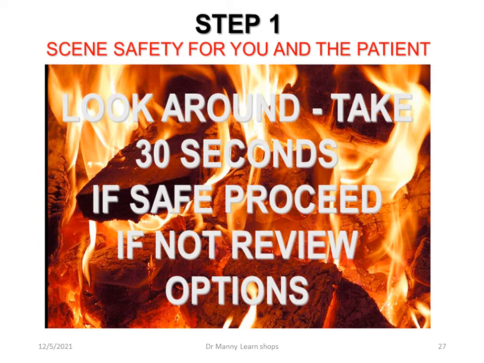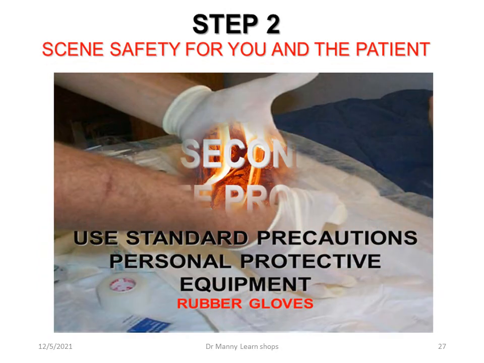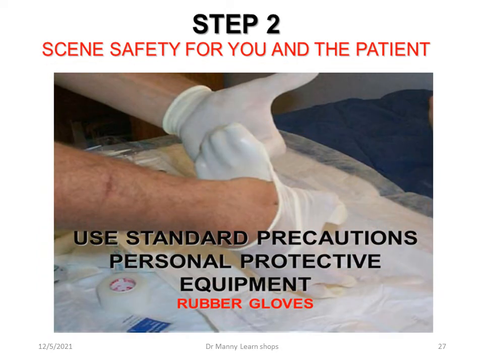Take 30 seconds to make sure that it's safe. If it's not safe, review your options. Use standard precautions, universal precautions, personal protective equipment, PPE. Use rubber gloves. Protect you and your patient.